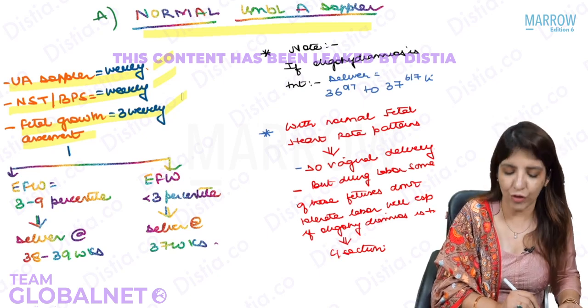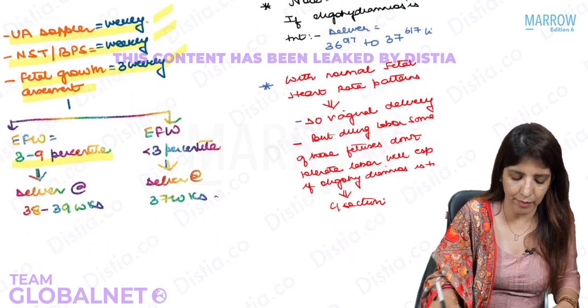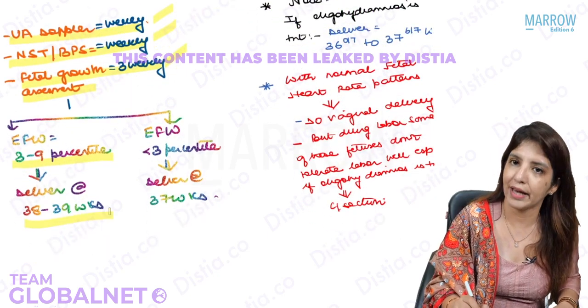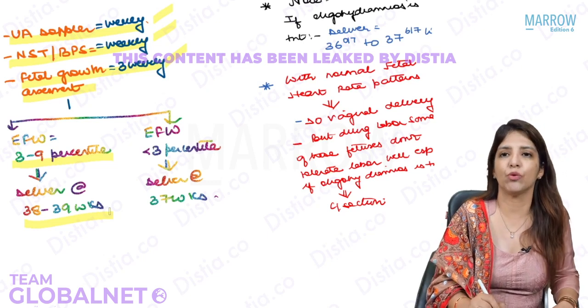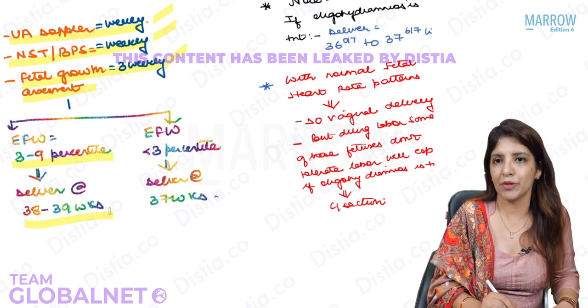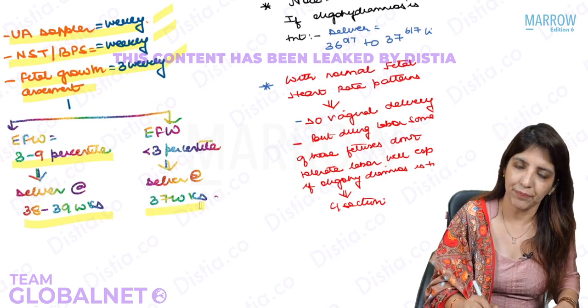If the estimated fetal weight is between 3 to 9 percentile, then the time of delivery is 38 to 39 weeks. But if the estimated fetal weight is less than 3 percentile, then the delivery should be timed at 37 weeks, right?